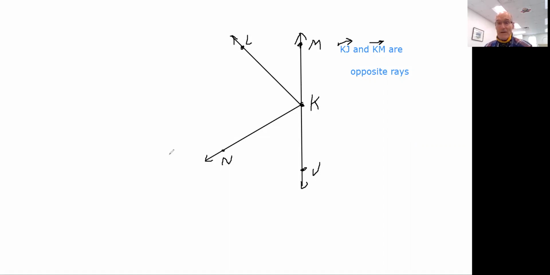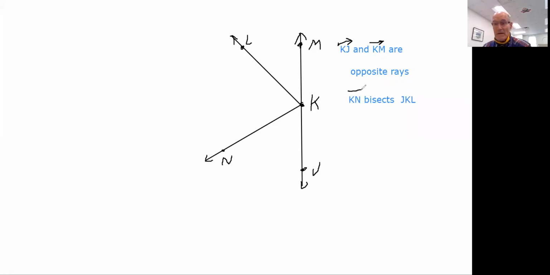Okay. Now, the other thing that it tells us in this particular problem is that KN bisects angle JKL. Okay, so KN once again is a ray.